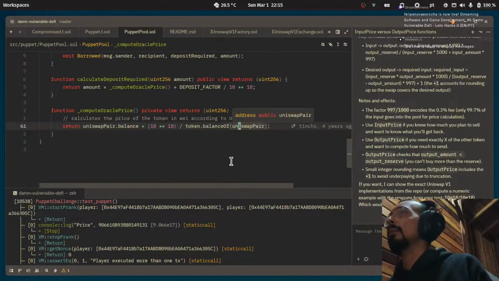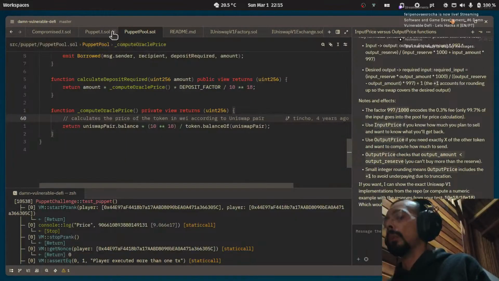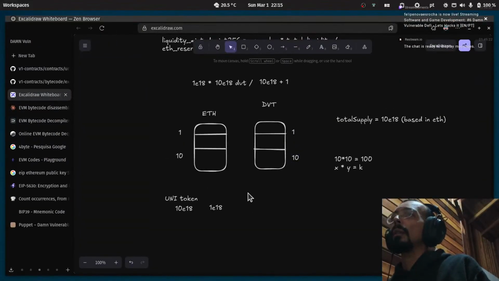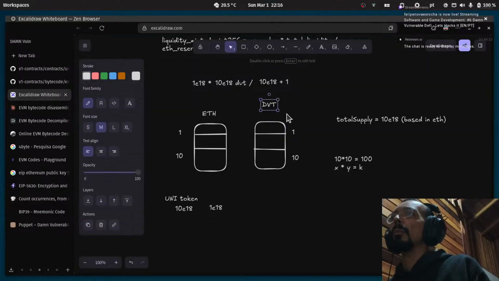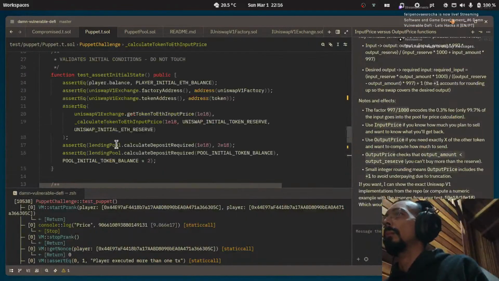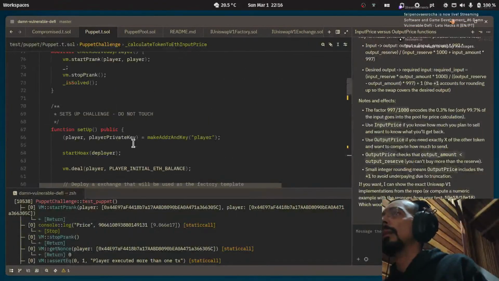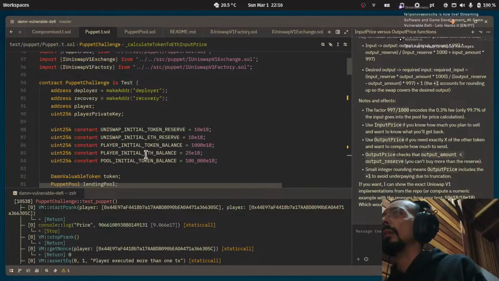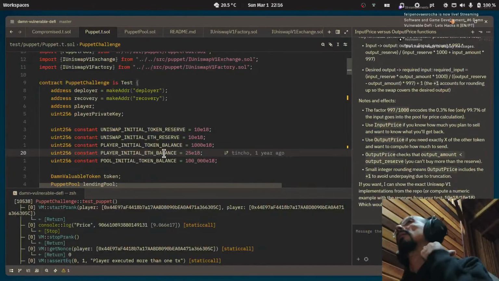So let's do some tests. What I want to do is make the DVT price drop. So I want to sell DVT, right? I want to take Ethereum, and I have some Ethereum and DVT. As a player, I have 25.